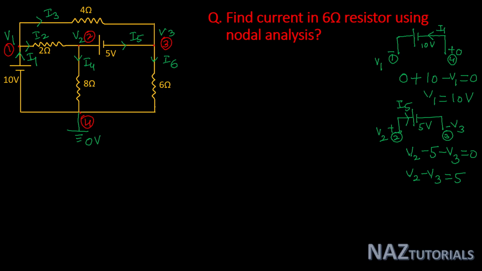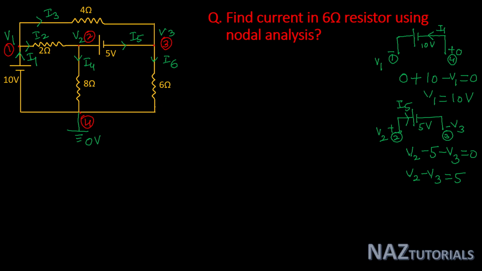Now apply KCL for getting the solution. Here we have to find the current in the 6 ohm resistor. So for the 6 ohm resistor we will calculate node voltage V3. So we will apply KCL at node 3 and node 2 for getting the solution, and node 1 voltage V1 we already calculated as 10 volt.